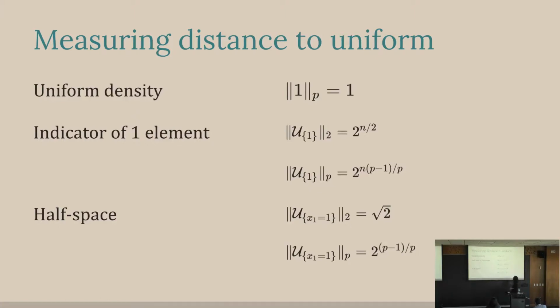It's also a fact that the p norm always increases as you increase p, and in fact it converges to the infinity norm, which is the maximum, because in all of these cases, if you take p to infinity, that (p minus 1) over p becomes like 1, so it just converges to the max.